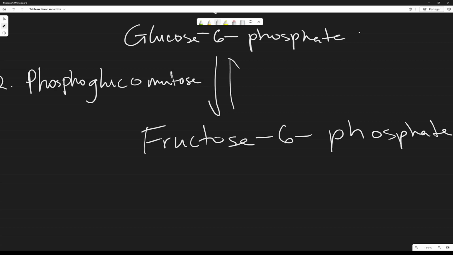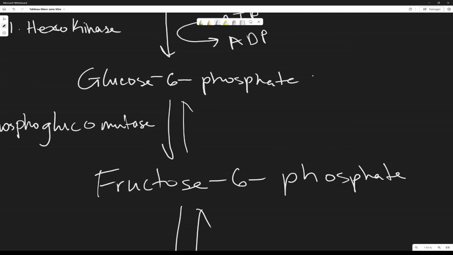Now the next stage, the third stage, is governed by phosphofructokinase. And it is a kinase, so this is a step where we're going to use energy.